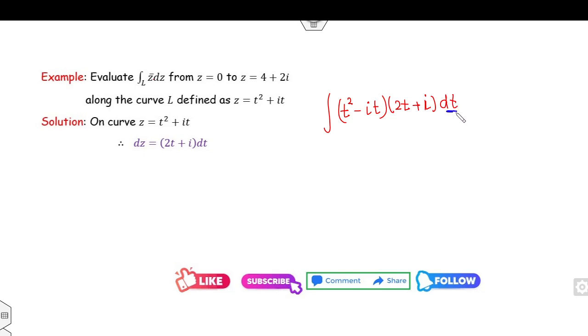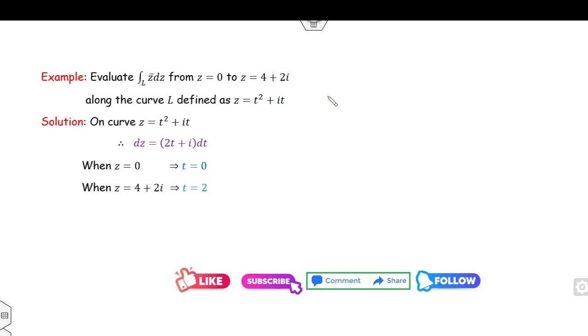Now your target is to find the limit of t. If z is equal to 0, if you compare them, you will get t is equal to 0. And in this case, t will be 2. So your limit will be 0 to 2.